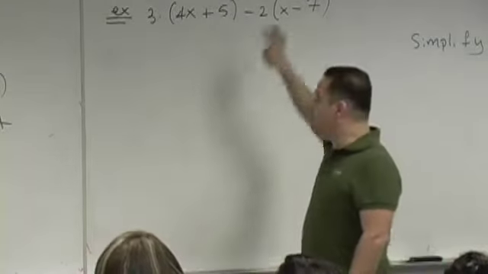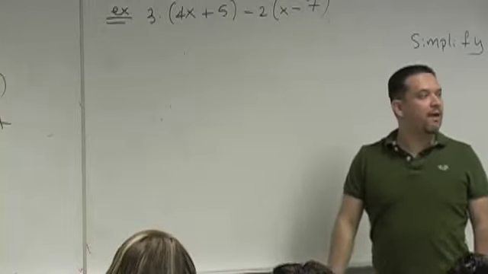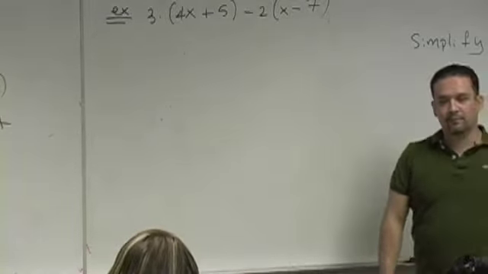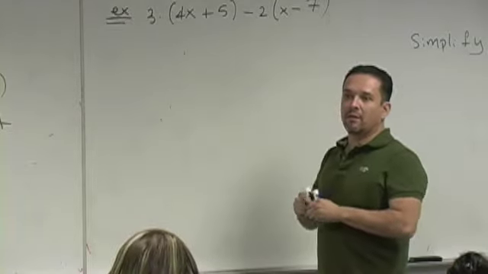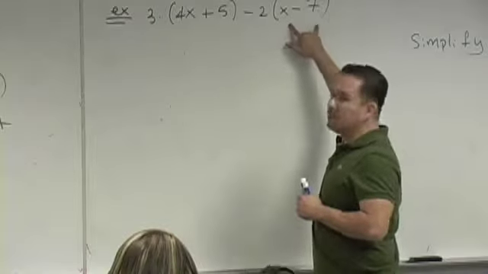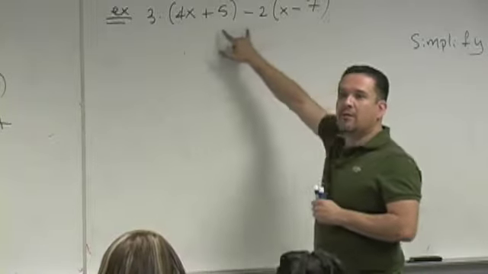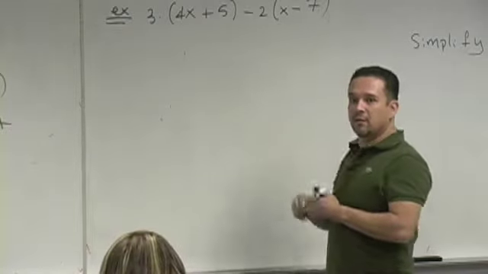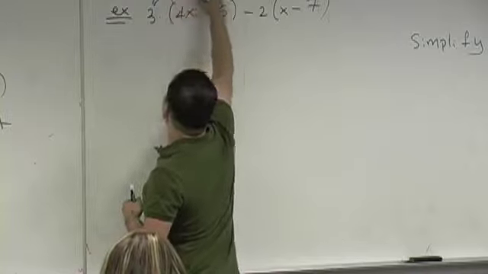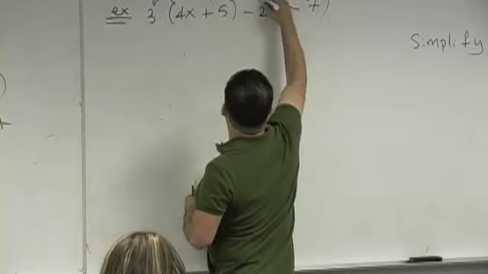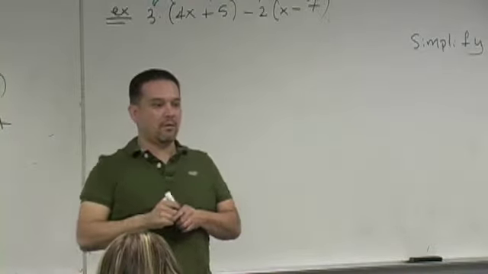We're going to have to simplify these terms. How do you simplify this? What's the problem? What do you guys see now? There's two sets of parentheses. Is that right? So how do you get rid of the parentheses? Distributive property. Does anybody notice anything about this example? There's like terms.